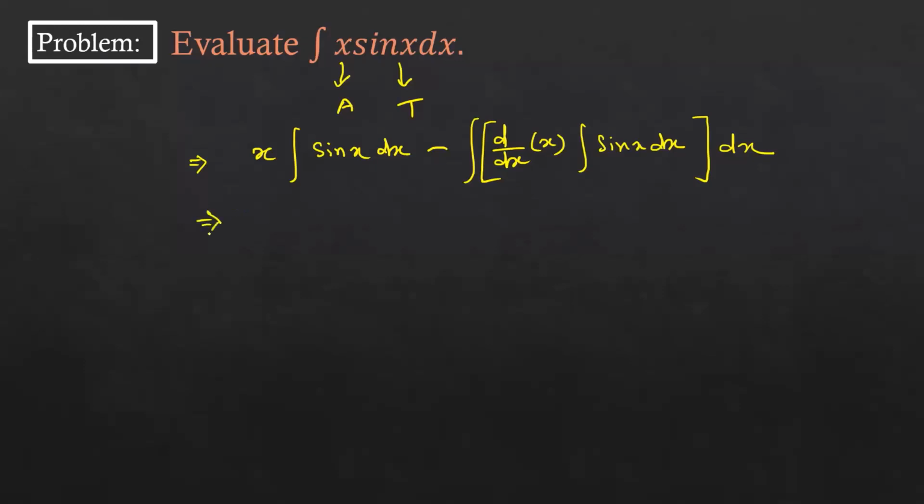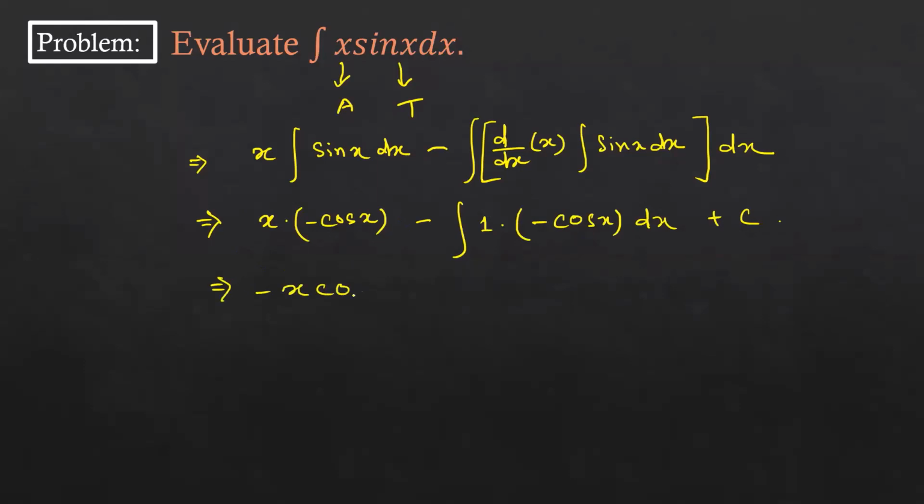So that means x into sine of x means minus cos of x, and then again minus integration over here you have 1, for the sine of x you have minus cos of x, and again here is a dx and integration constant c. Now these two minus terms will create a plus term here: minus x cos of x plus integration over cos of x dx plus c.